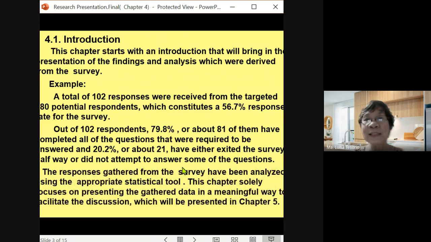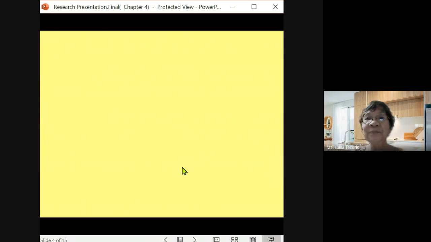The responses gathered from the survey have been analyzed using an appropriate statistical tool. This chapter solely focuses on presenting the gathered data in a meaningful way to facilitate the discussion, which will be presented in Chapter 5.